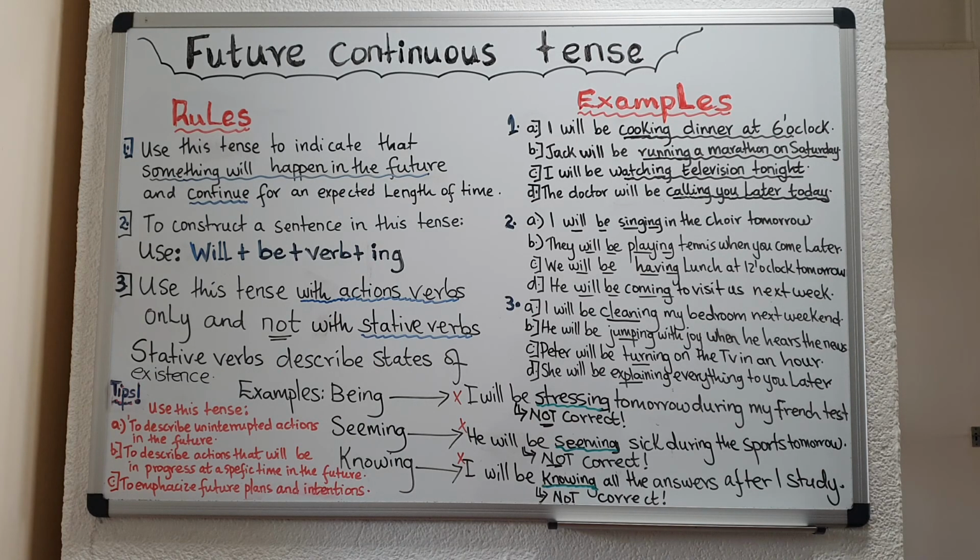The subject in all these sentences, in the first sentence it is I, in 1B it is Jack, in 1C it is I, in the last sentence 1D the subject is doctor. Okay, so once you have written the subject, that is the person who is doing the action in your sentence, then simply just add will plus be plus verb plus ing.